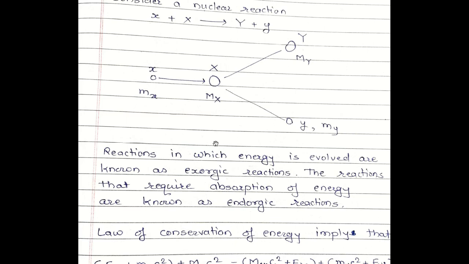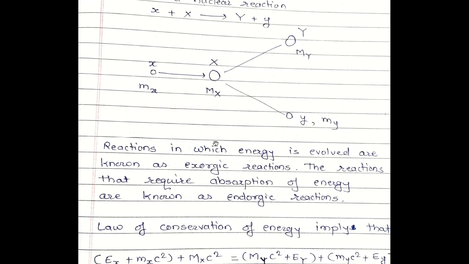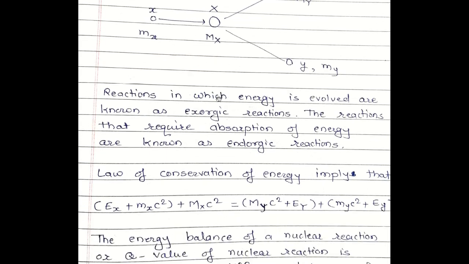We can write down the energy of the projectile particle, that is the rest mass energy plus kinetic energy Ex, plus the energy associated with the target nucleus, that is only the rest mass energy, since the target nucleus is at rest and has no kinetic energy.